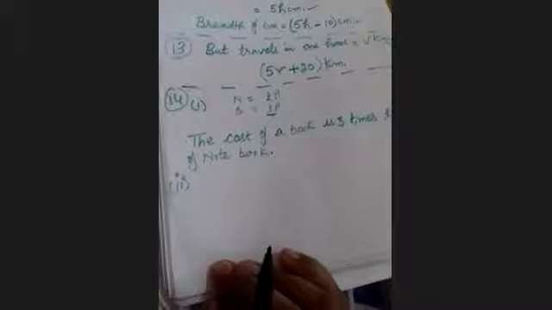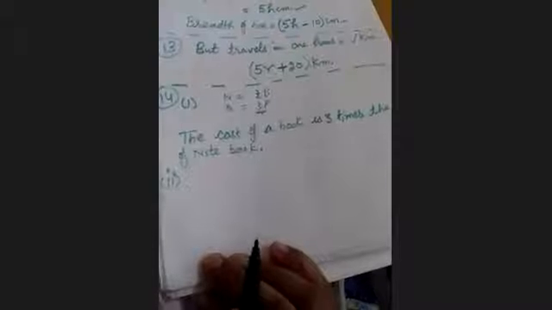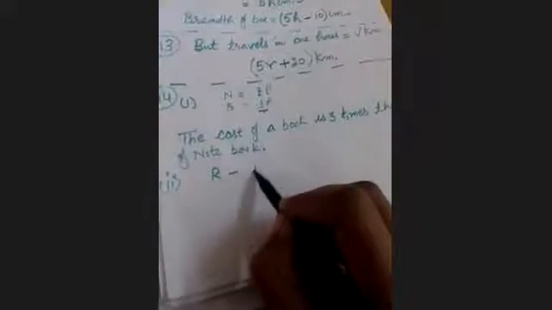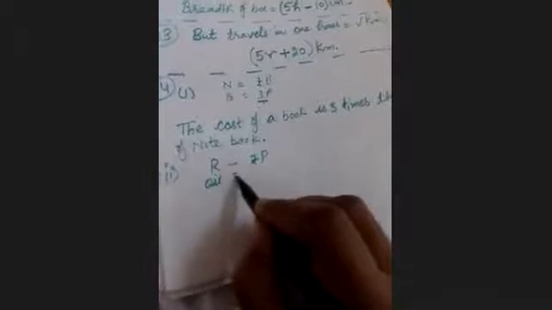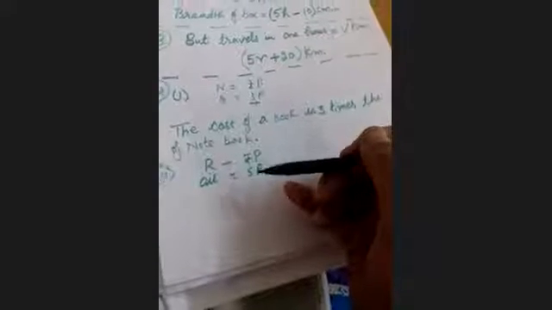The cost of rice per kg is rupees P, and the cost of oil per liter is 5P. It means the cost of oil is 5 times the cost of rice.